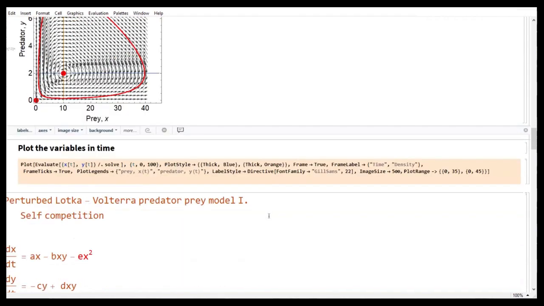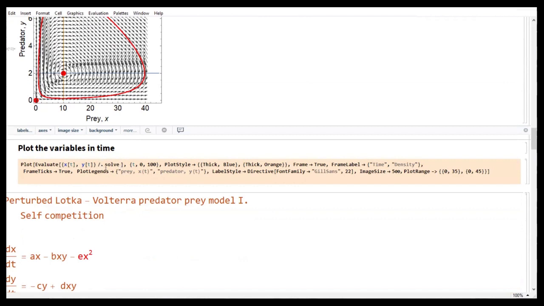Okay, and the last one, which I think is the most well-known one, is to plot the densities as a function of time, which is simple.